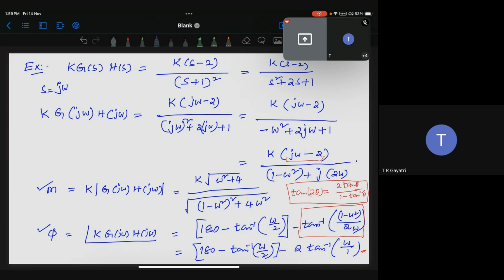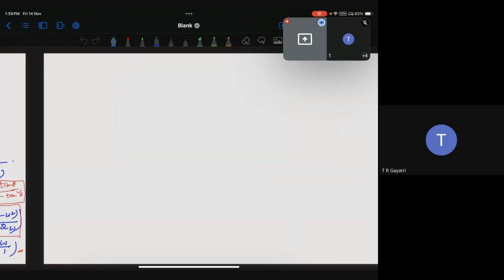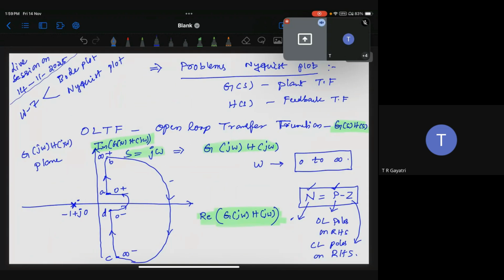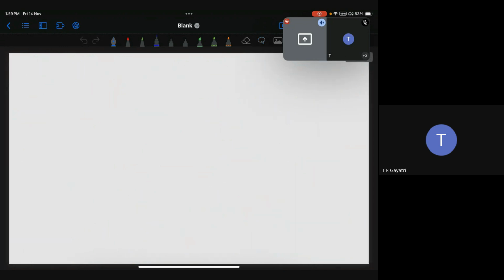Next, as I said, this is the Nyquist plot format. I'll write it again. In the Nyquist plot, this is the real part of GH and this is the imaginary part of GH.